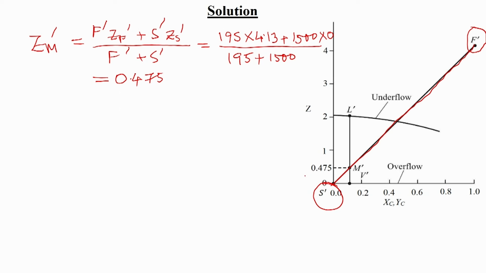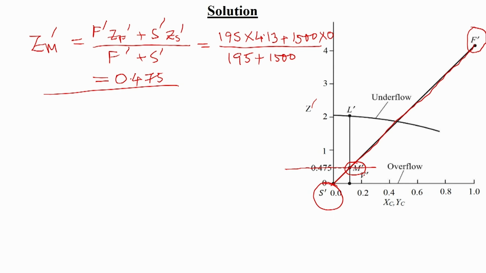Then we need to get the Z M prime, which is 0.475. For that we get M prime here, obtained when Z prime is 0.475. Now you see F is located, then S prime is located and M prime is located.